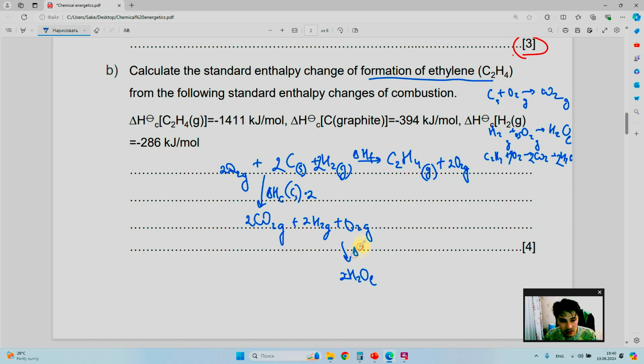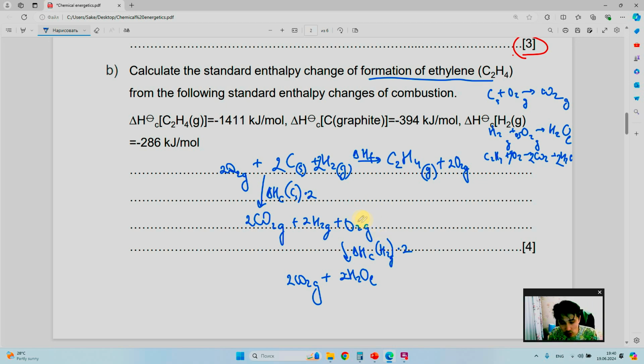Then this is equal to the combustion enthalpy change of hydrogen, again multiplied by 2. So hydrogen is a gas. And I'm going to also write the rest of the reaction. Also, don't forget to add that oxygen in the rest of the equations.